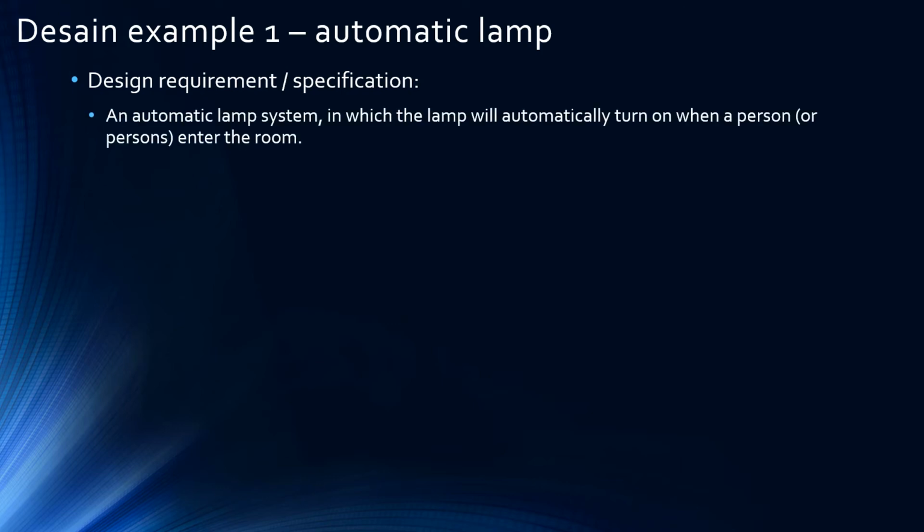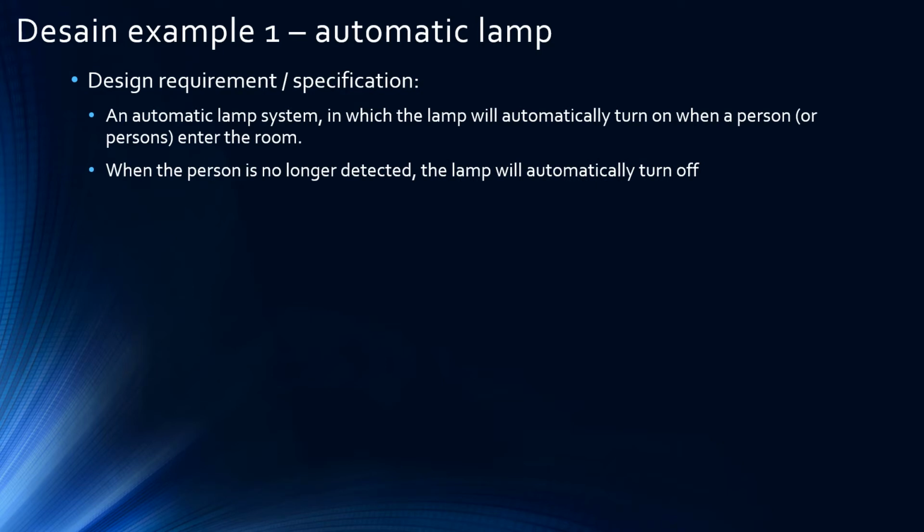First, this is an automatic lamp system. The lamp will automatically turn on when a person enters the room. When the person is no longer detected, the lamp will automatically turn off. We want a lamp that turns on automatically when a person enters the room, and then when no person is detected anymore, it goes off automatically.